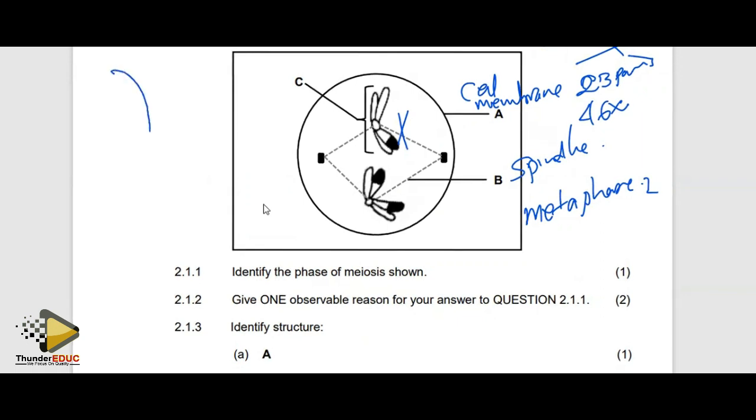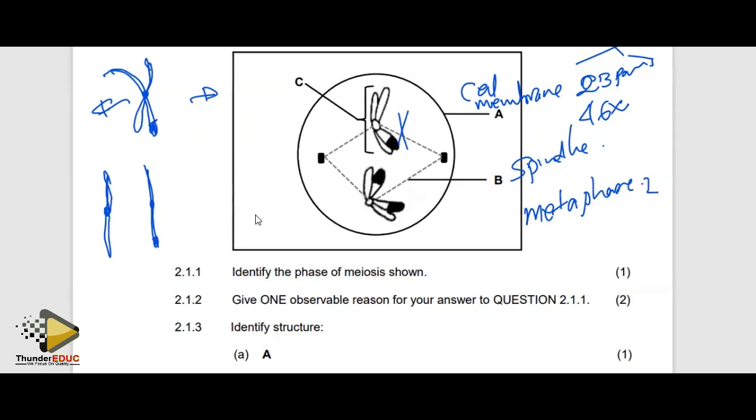Let me draw it here. It is a chromosome with a centromere there, but half of it is shaded here. When it splits, one is going to go this side, one is going to go that side. So this chromosome is going to look like that, and the other one is going to look like that, with a shaded part.